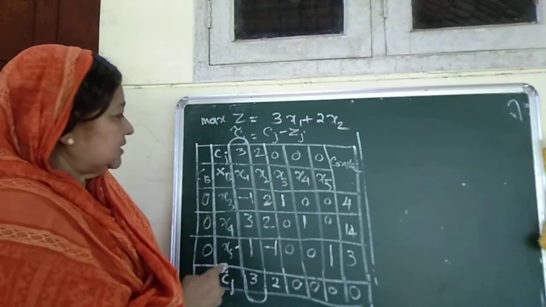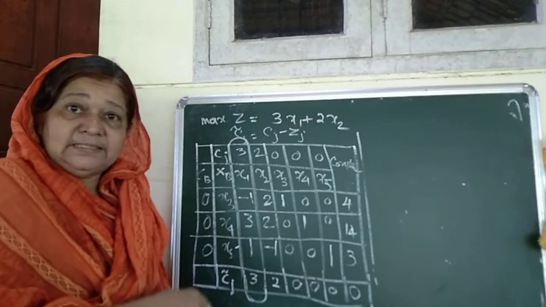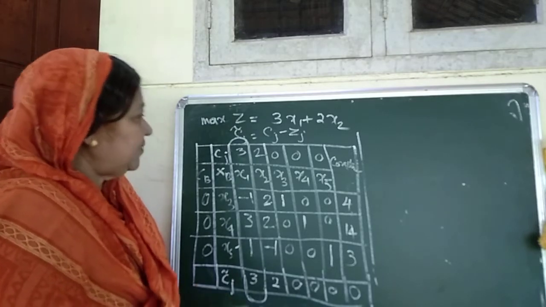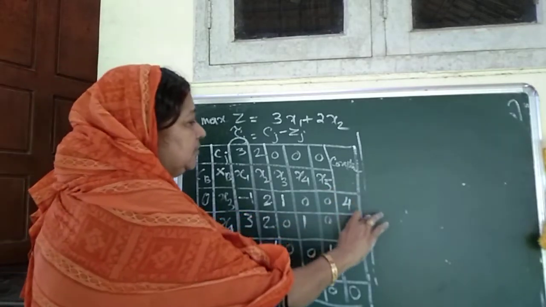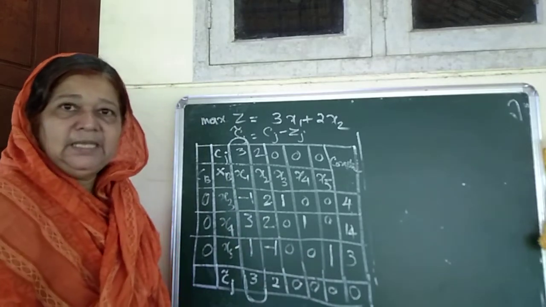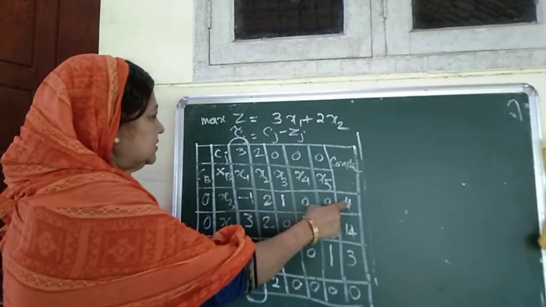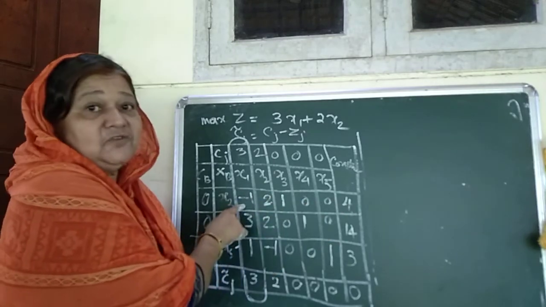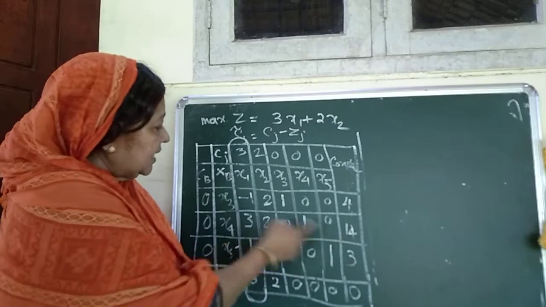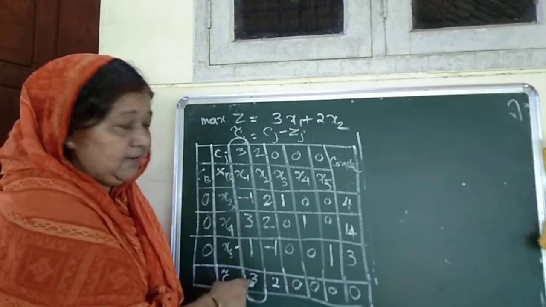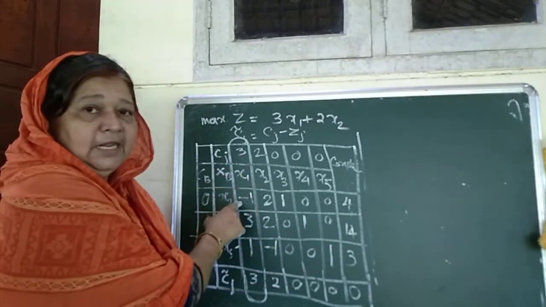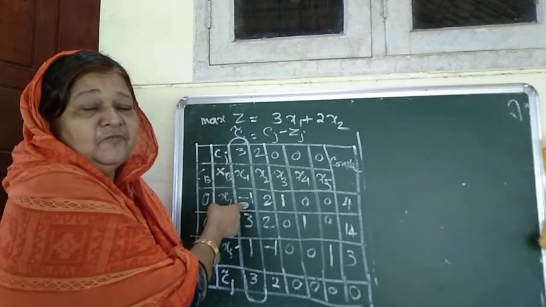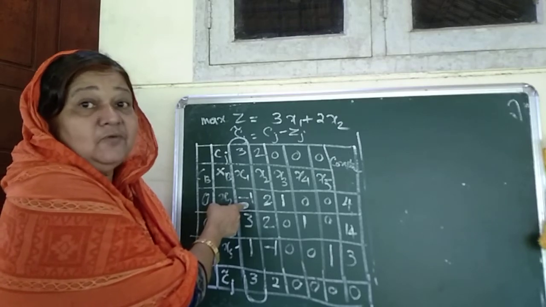And what is the vector to leave? Whenever we enter a basis vector, we have to remove another vector. What variable we have to remove is obtained by the minimum ratio method. In the minimum ratio method, we divide the constants by this xij, but if it is negative, we assume it is infinity. We consider only positive values, and neglect the values in the column that are less than or equal to 0.